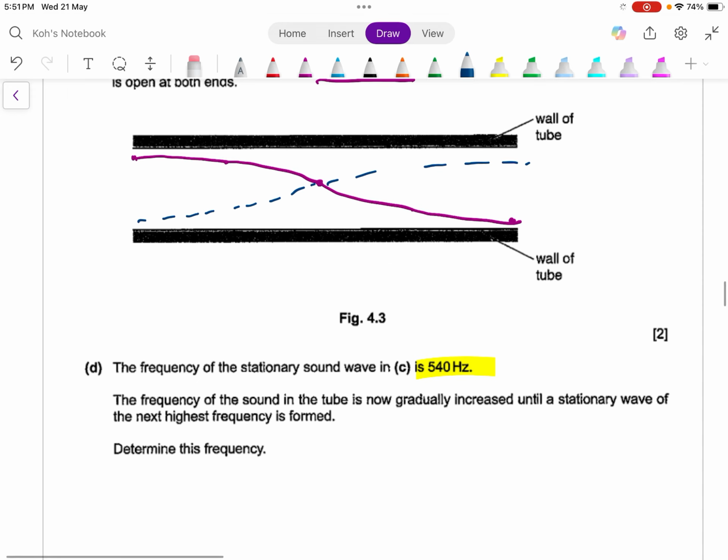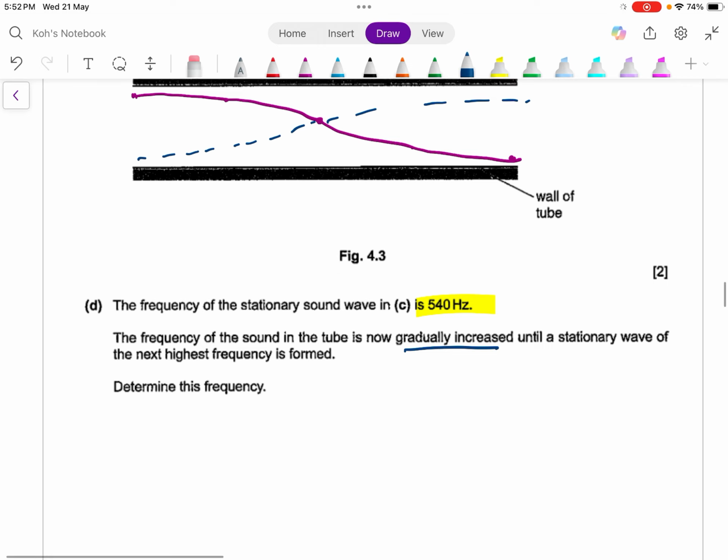Okay, for part D, the frequency of the stationary sound wave that is drawn in part C is known to be 540 Hz. The frequency of the sound in the tube is now gradually increased until the next stationary wave at the next highest frequency is formed. Determine the frequency.